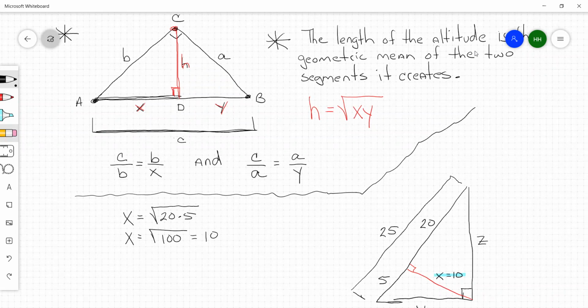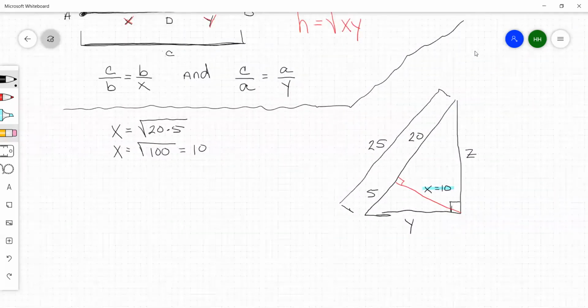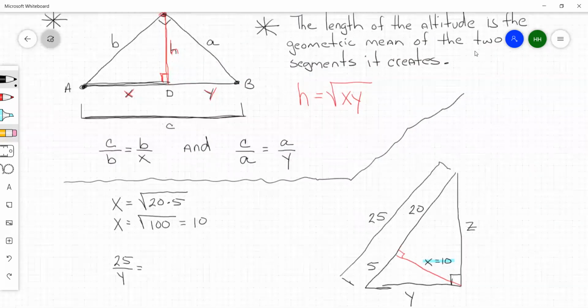So how do we apply this up here to solve for y? Can we do 25 over y? 25 over y is going to be equal to, what's it going to be equal to? Look at the picture. We had hypotenuse over adjacent side equal to adjacent side over segment. Very good, y over 5.